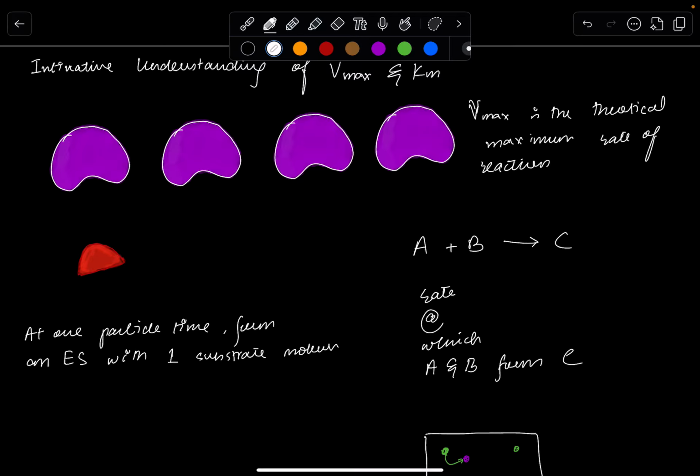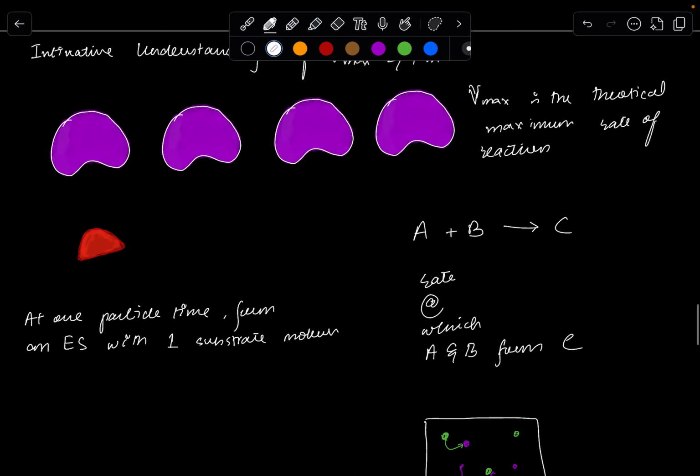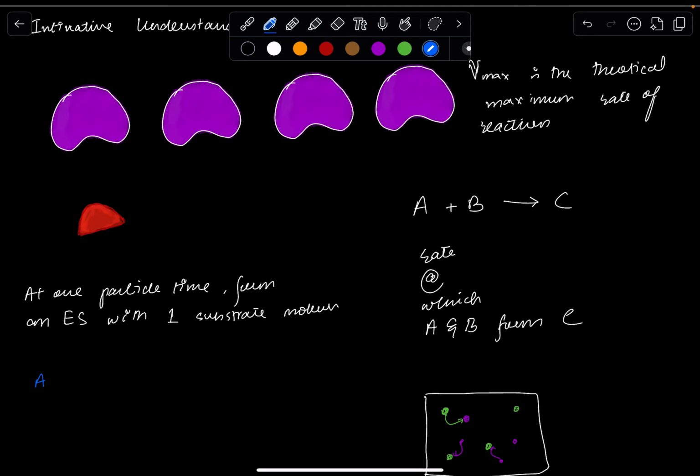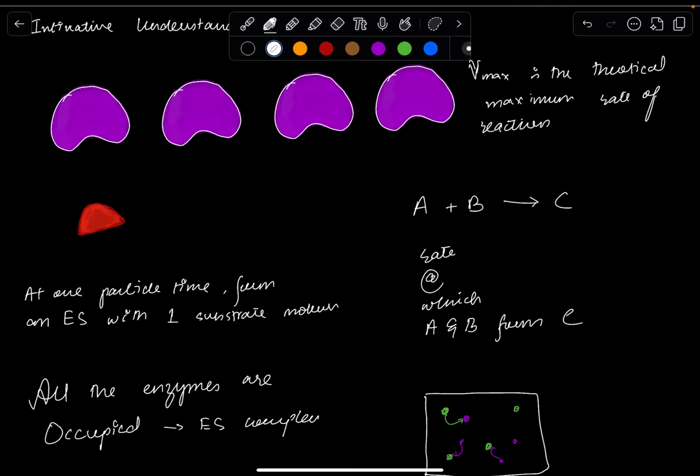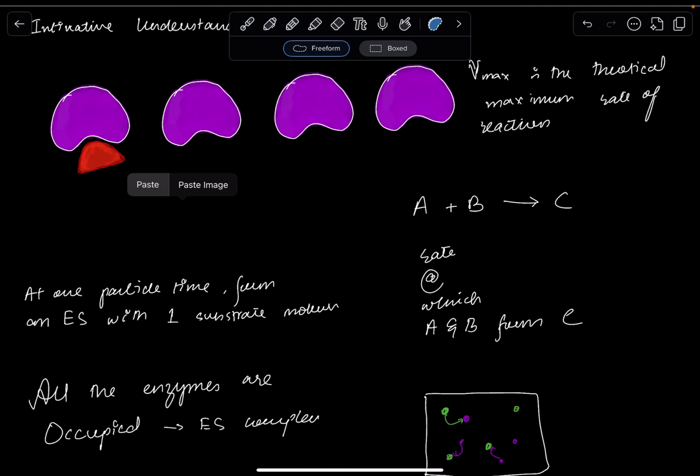So the maximum theoretical rate is the one at which all the enzymes, this is important, all the enzymes are occupied, as in they're in the ES complex stage. That means the maximum theoretical rate is when all the substrates have done the following.